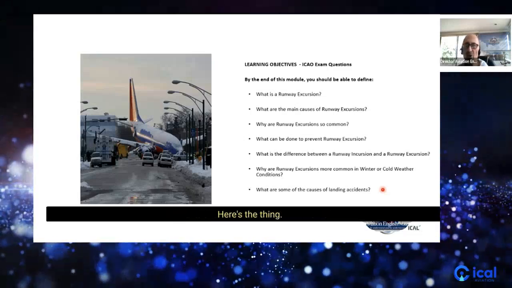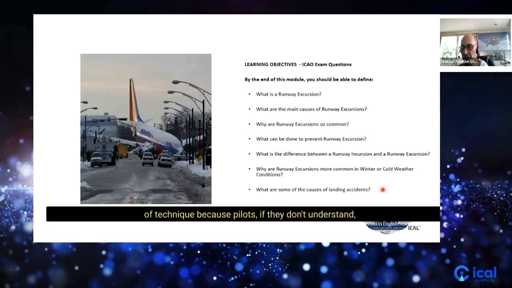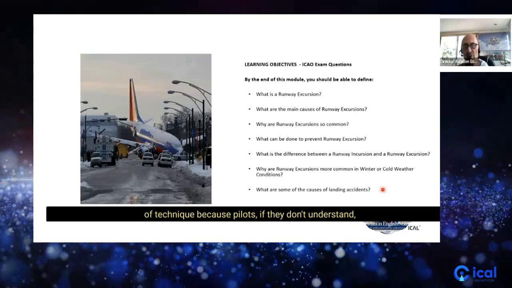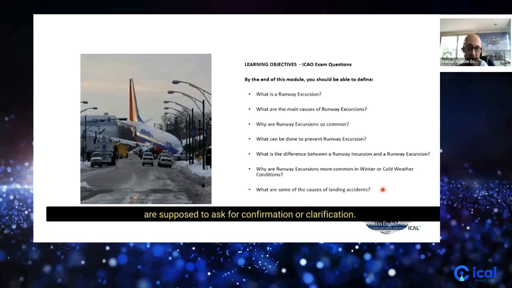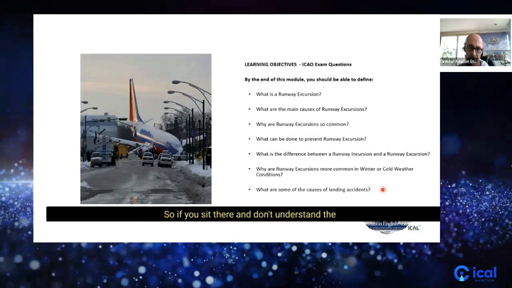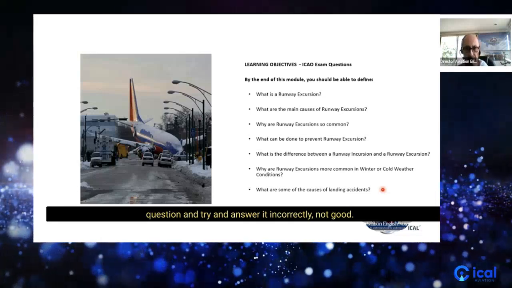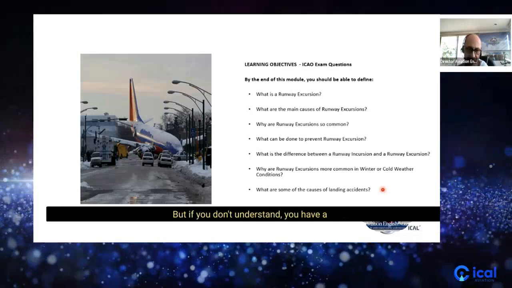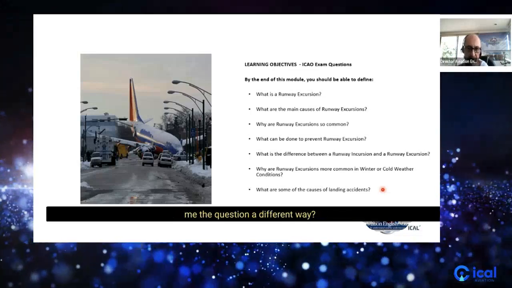Here's the thing. You do not lose points for this type of technique, because pilots, if they don't understand, are supposed to ask for confirmation or clarification. So if you sit there and don't understand the question and try and answer it incorrectly, not good. But if you don't understand, you have a chance to say, hey, please, can you ask me the question a different way?